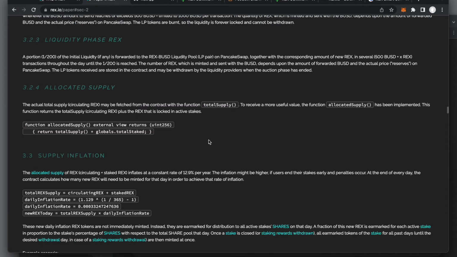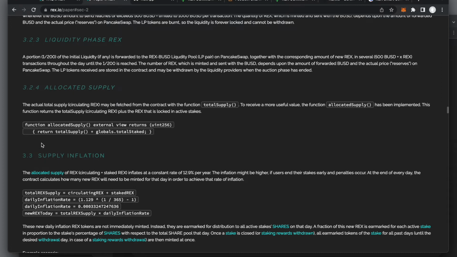The total supply, or circulating REX, may be fetched from the contract with the function totalSupply(). To receive a more useful value, the function allocatedSupply has been implemented. This function returns the total supply, circulating REX, plus the REX that is locked in active stakes.